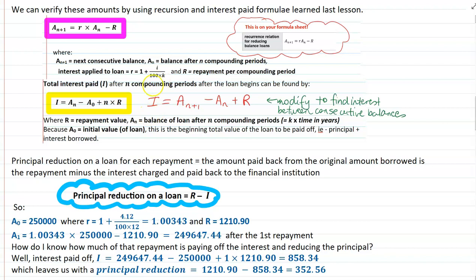To work out the interest for that particular repayment period, we find the difference between the two balances and we add on the repayment amount. The next thing we need to work out is the principal reduction, and that's really easy to find. All we need to do is take the repayment amount and subtract the interest for that particular repayment period.